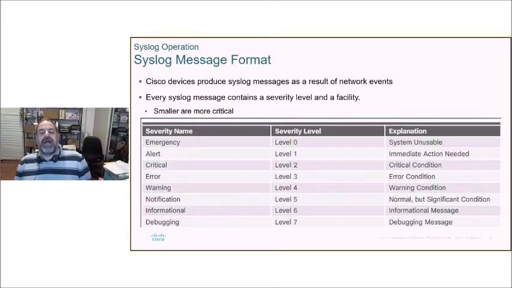Debugging is the lowest criticality, but also probably way too many messages, so it's something you ought to consider. Often you might log at level 5 or level 6 or something like that, but it does depend on your needs.